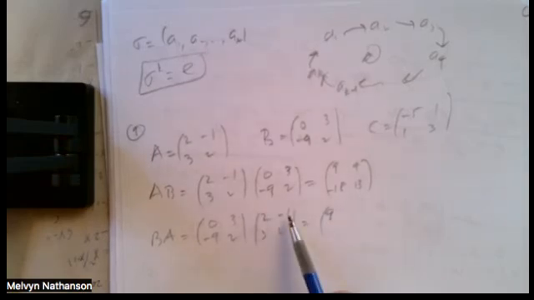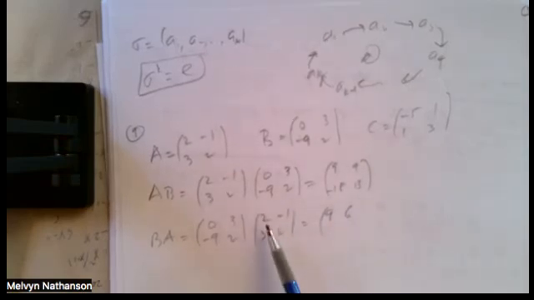BA is what you get when you multiply in the opposite order. (0, 3; minus 9, 2) times (2, minus 1; 3, 2). So this is 0 plus 3 is 9. 0 plus 6 is 6.